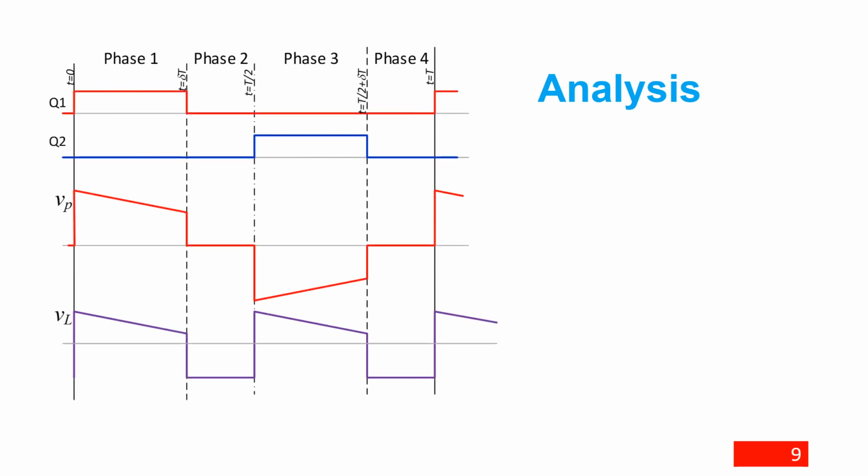The operation cycle has 4 phases, timed to offer half-cycle symmetry. The duty ratio of Q1 and Q2 is denoted by delta, which ranges between 0 and 0.5. The primary side and inductor voltage waveforms are defined according to the earlier analysis, and both are affected by the capacitor voltage.